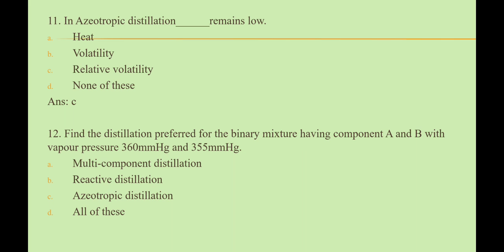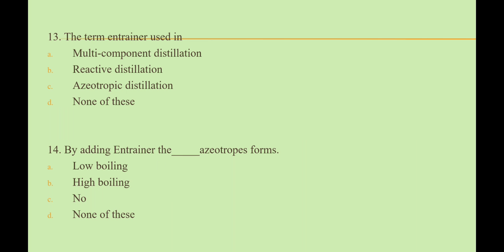Next question is, find the distillation preferred for the binary mixture having component A and component B with vapor pressure 360 mmHg and 355 mmHg. Option A multi-component distillation, option B reactive distillation, option C azeotropic distillation, option D all of this. So the correct answer is C, azeotropic distillation.